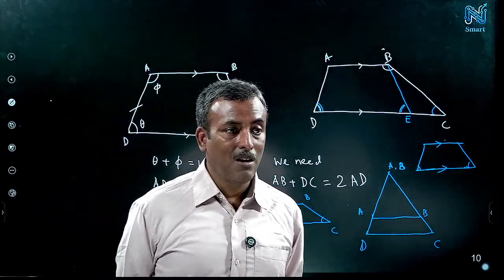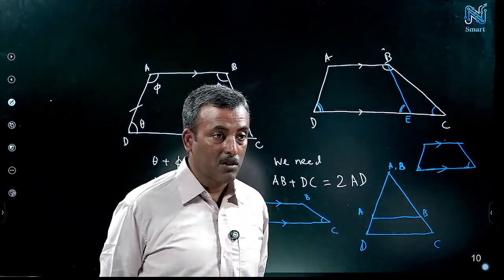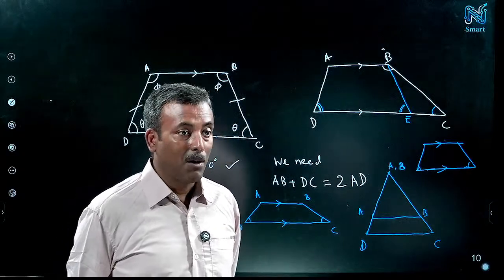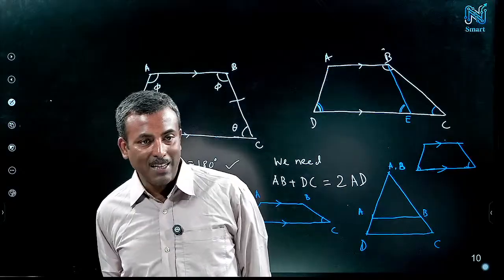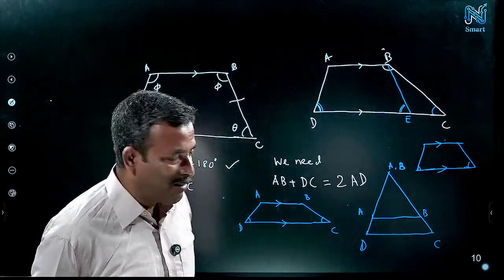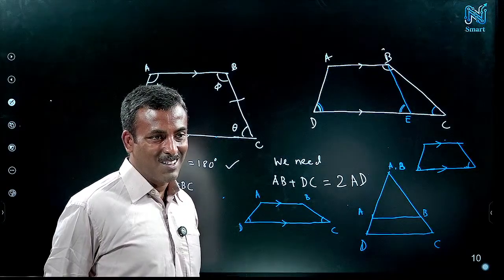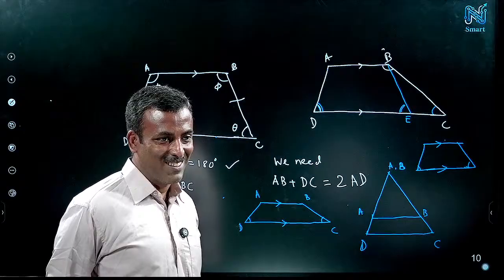We discussed in the class of parallelogram, we discussed in the class of trapezium, in the class of kite also, but maybe there are several other quadrilaterals which are not kite, not trapezium, not parallelogram. What about in that situation? Can I draw something like that? That is a big question.